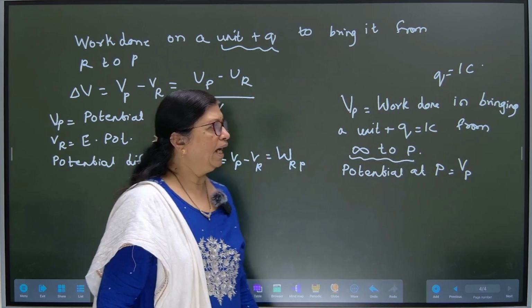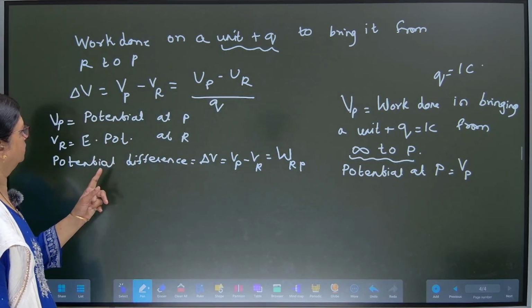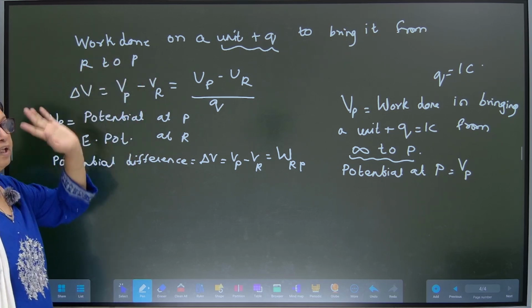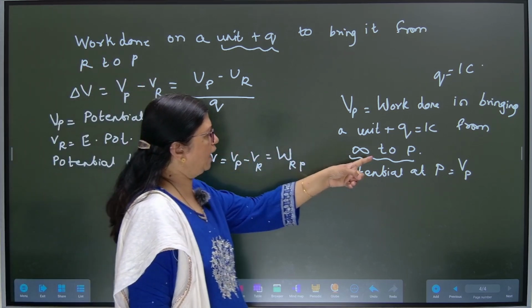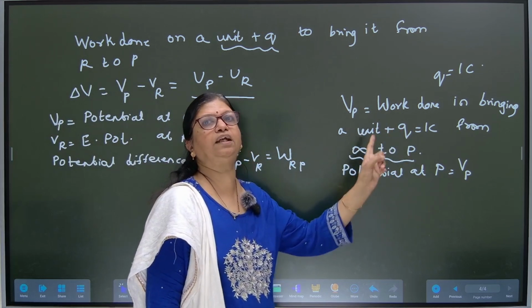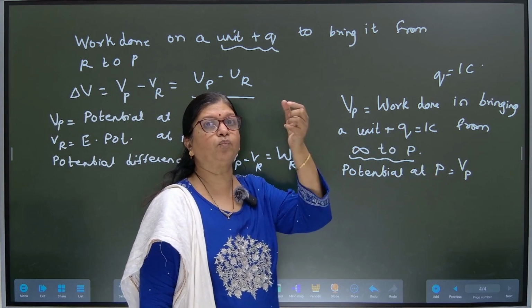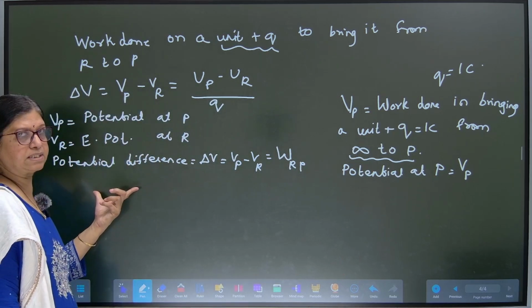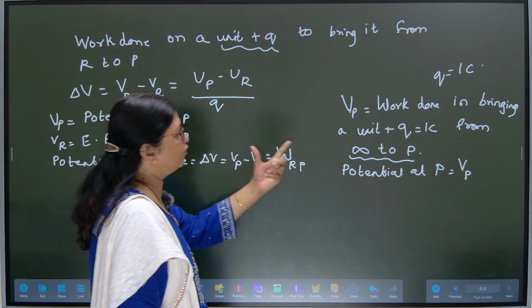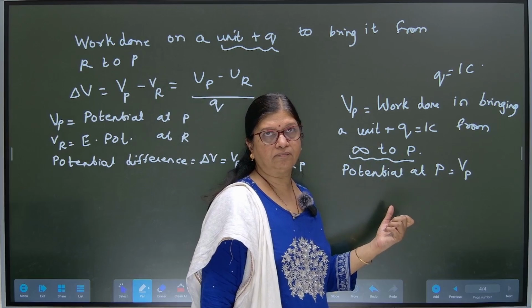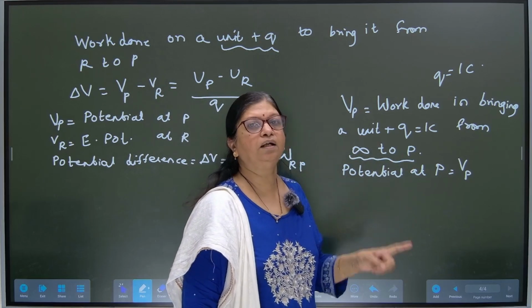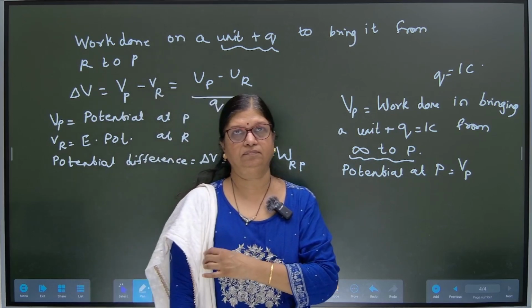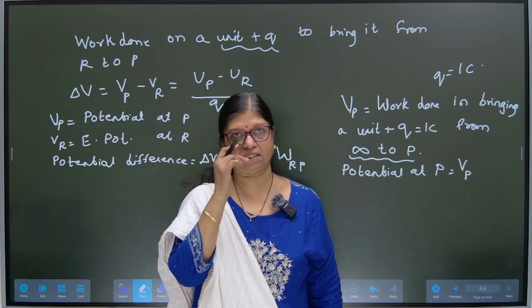Agreed? And this is from where to where? From R to P. This is from where to where? From infinity to P. If I bring it from one point to another point, then it becomes potential difference. If I bring it from infinity to P, then it becomes the potential at that particular point P. Understand all these words.